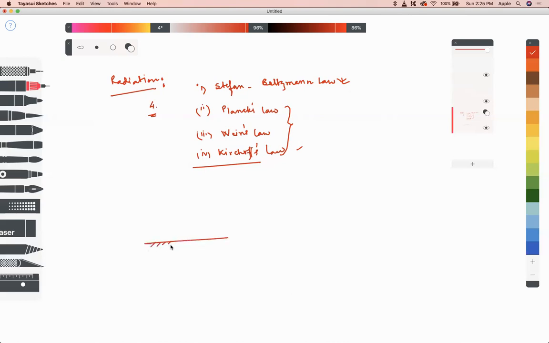Stefan-Boltzmann law says that if a body is at an absolute temperature, remember this is absolute temperature, so temperature has to be measured in Kelvin, unlike in conduction and convection where you can also use degree Celsius, because in those cases we were dealing with only temperature change, but in this case we are dealing with the absolute temperature of the body.